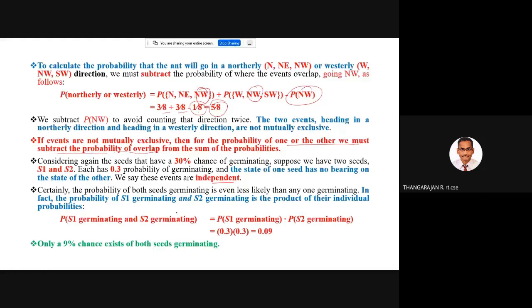When you have independent events, you can always put an "and."